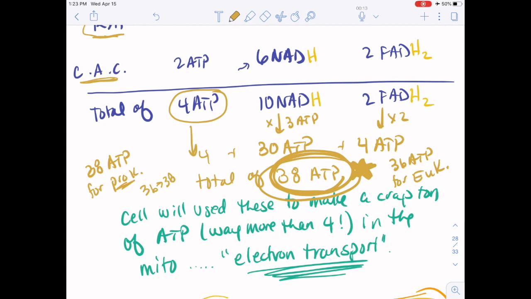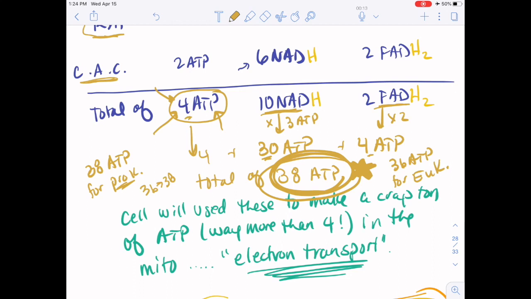So, back when I said, wow, the cell went through all this crap to get 4 measly ATP, and what the heck is it doing with all these 10 NADHs and FADH2s? Wow, we get way more ATP: 30 plus 4, 34 ATP from these 10 NADHs and 2 FADH2s. Way more than just this measly 4.